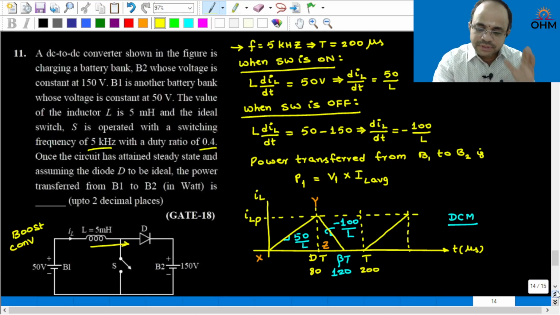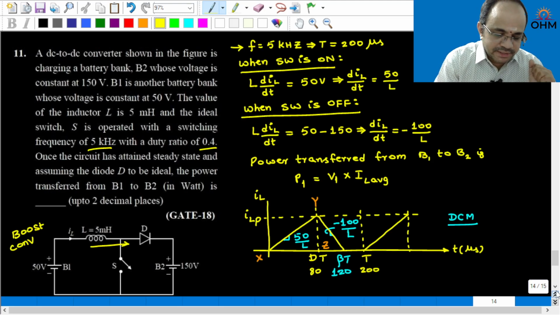Before starting this problem, you should have a mindset of what is given and what is asked. It is given that there are two sources, in between there is an inductor and switch, that is a boost converter. You have to calculate how much power is transferring from one voltage source to another voltage source. For that, voltage is given already and you have to find the average value of this inductor current.